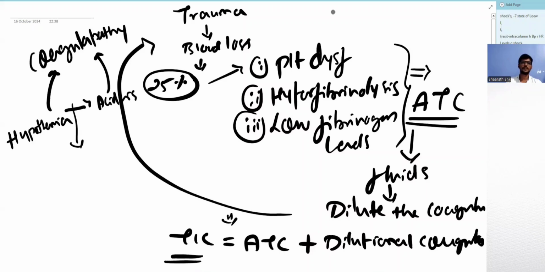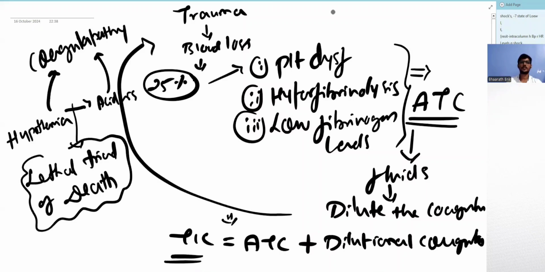This is called the lethal triad of death. Right. So once the patient enters into this lethal triad of death, it is very difficult to break this cycle. Right. So we'll discuss about this lethal triad of death tomorrow.